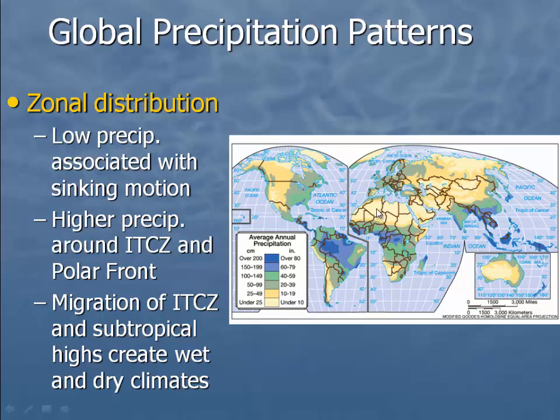And so we see very dry climates wherever we see these large anticyclones or these large areas of sinking air. So the rising air, like the ITCZ, creates lots of precipitation, over 80 inches here in Central Africa, in central portions of South America, and Indonesia, where we get lots of precipitation due to the ITCZ and the fact that there is low pressure and rising air most of the time.